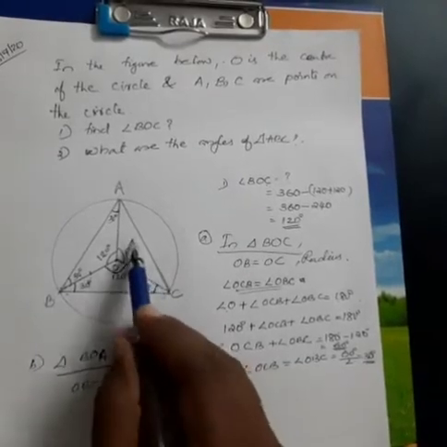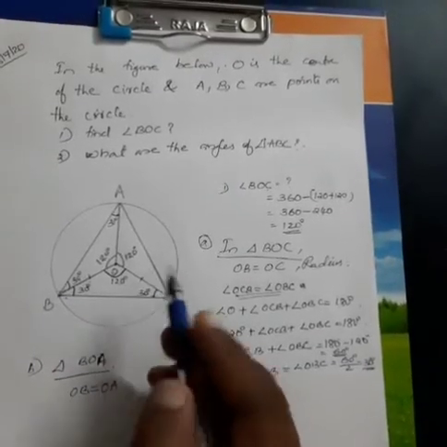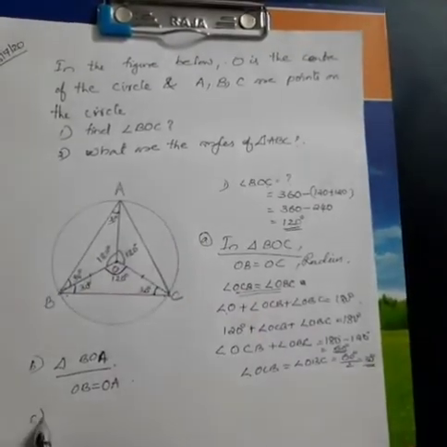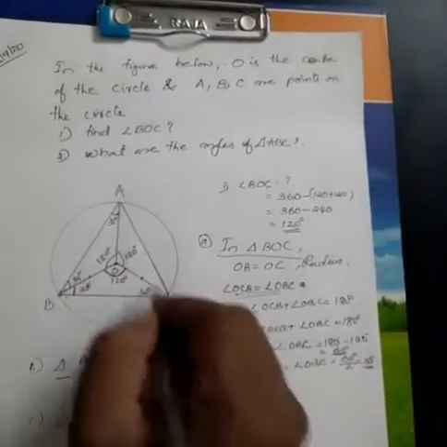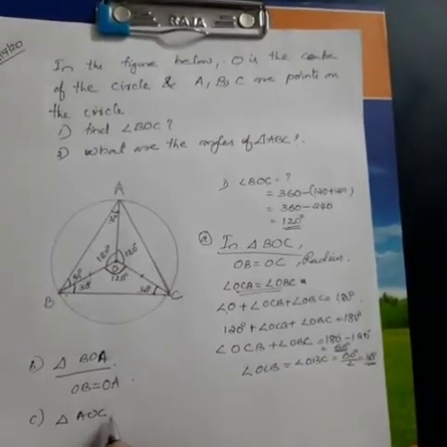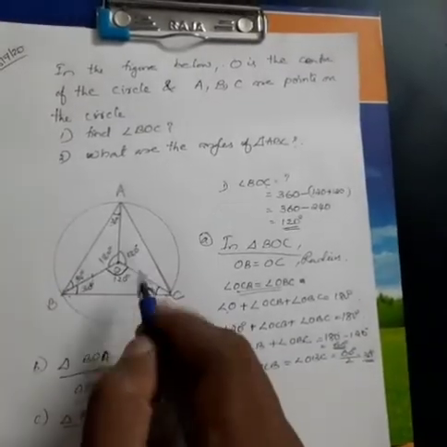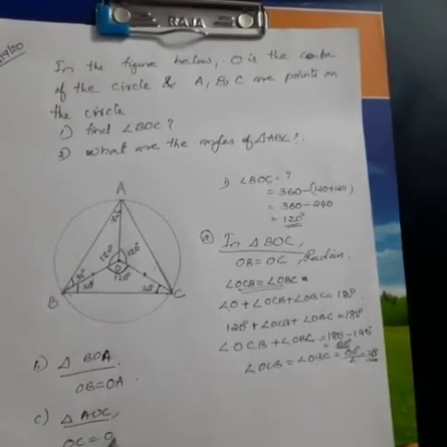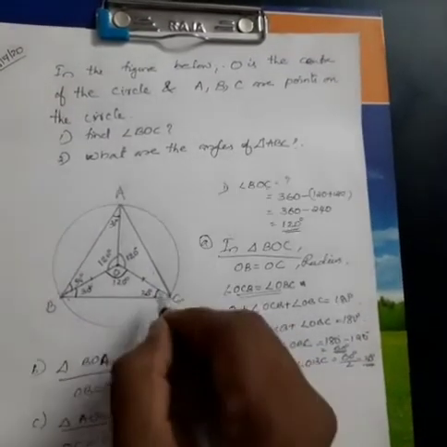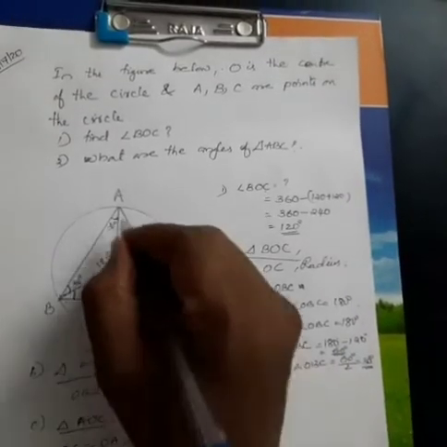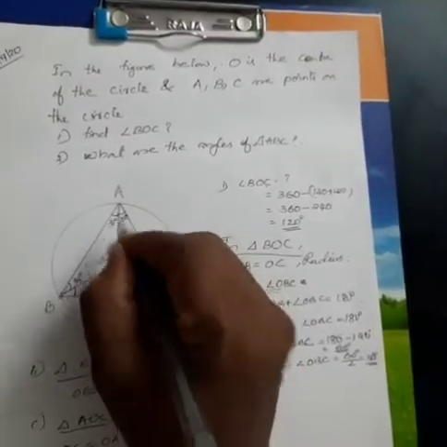Same like you have to find out this triangle also. In triangle AOC, which are the sides equal? OC is equal to OA, and these two triangles are equal.